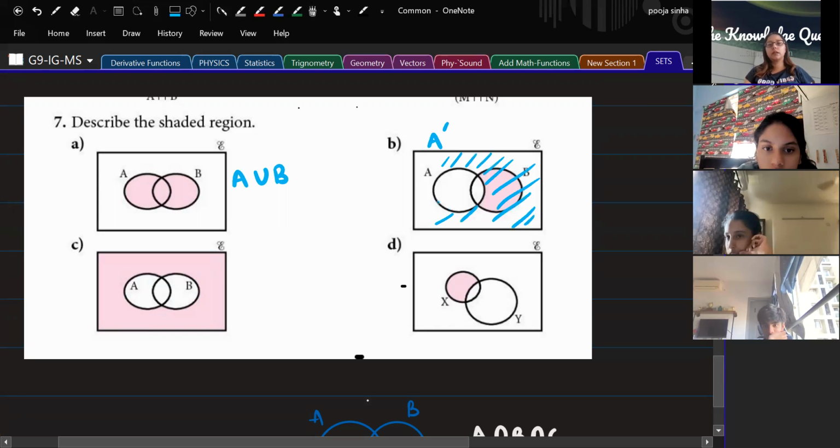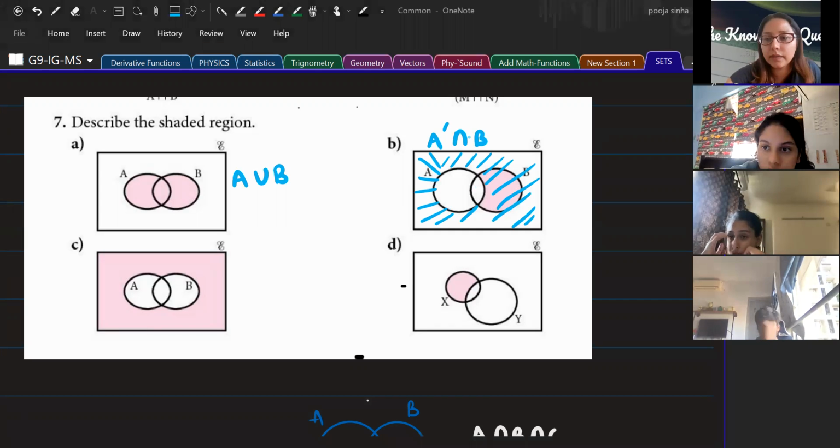No, it's not that. आगे. A complement with something else. A complement that you said you were able to think properly. A complement intersection B. Absolutely correct. A complement intersection B. Right? ठीक है? All right.